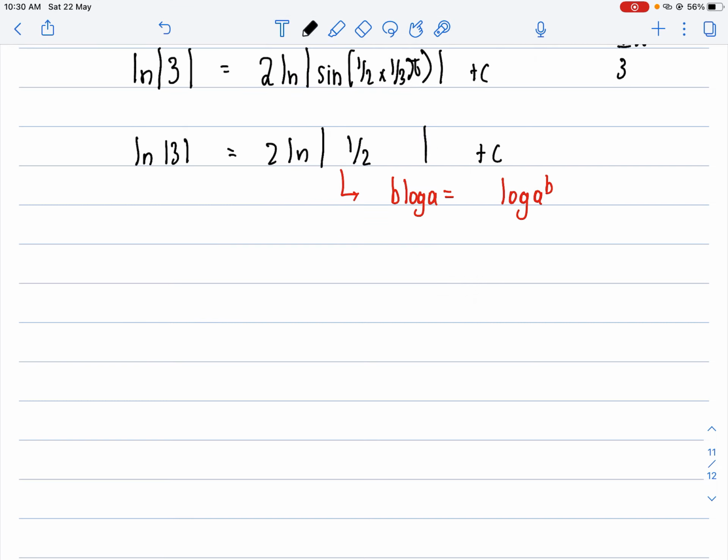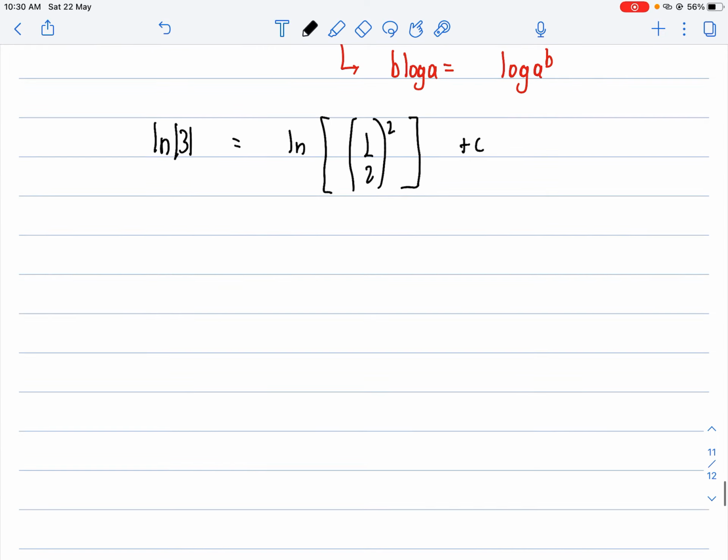So using this log property, I can write this as ln 3 equals ln half square plus c. So I can write this as ln 3 equals ln 1 over 4 plus c.